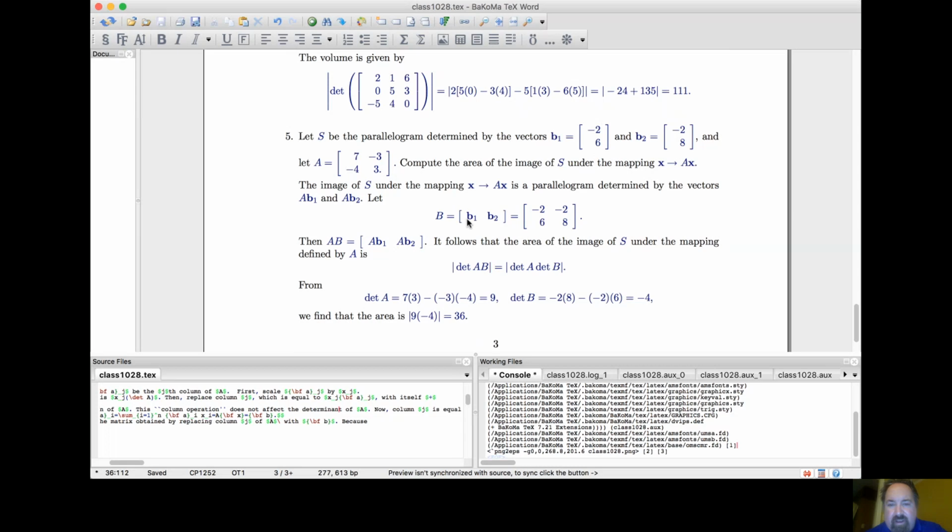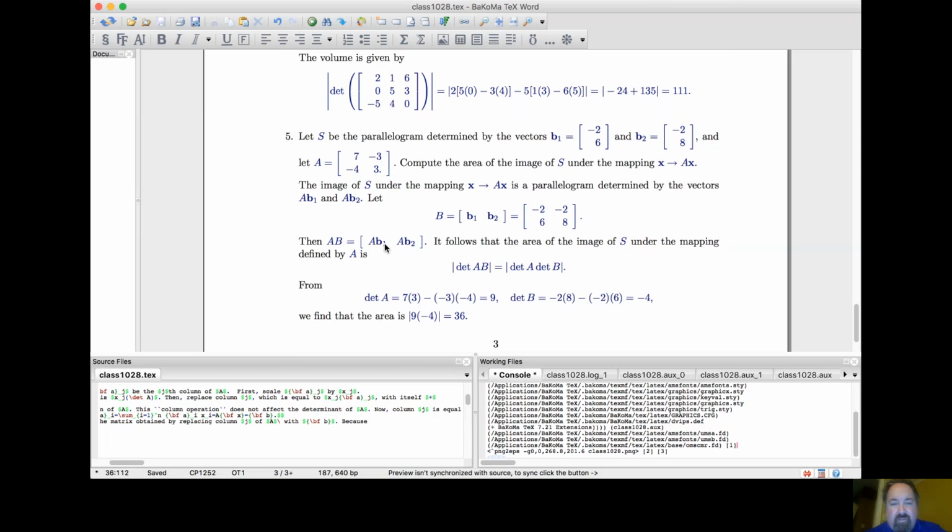If I define a matrix B to be the matrix consisting of these vectors B1 and B2 as its columns, and then I apply the transformation x goes to Ax to B, then I have a matrix product AB that has these columns. So these vectors are adjacent edges of my new parallelogram. This is the one that I want the area of.